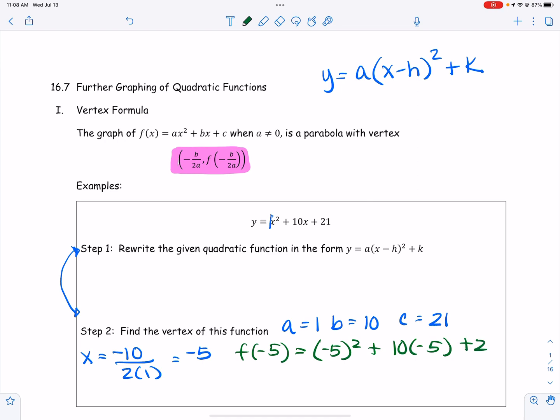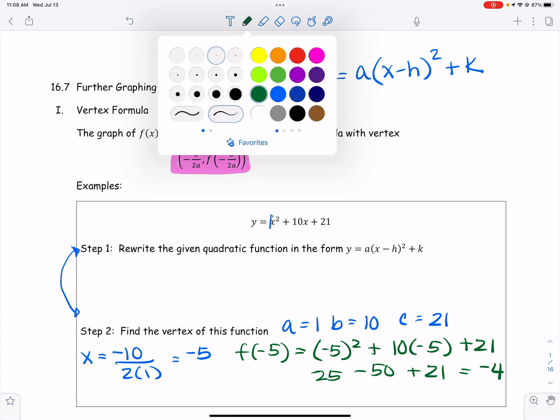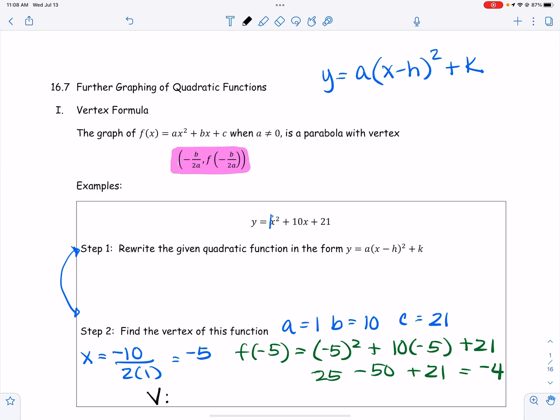And so when I calculate that, I get 25 minus 50 plus 21, which gives me -4. So my vertex is -5, -4.